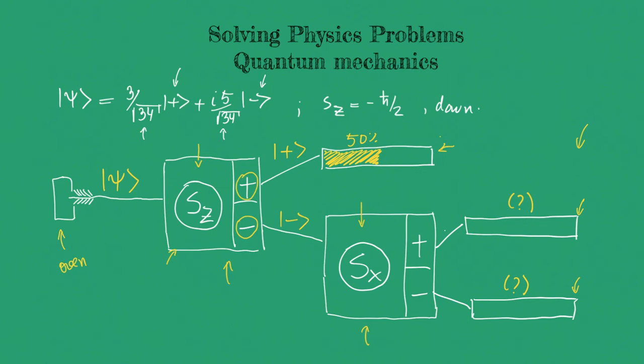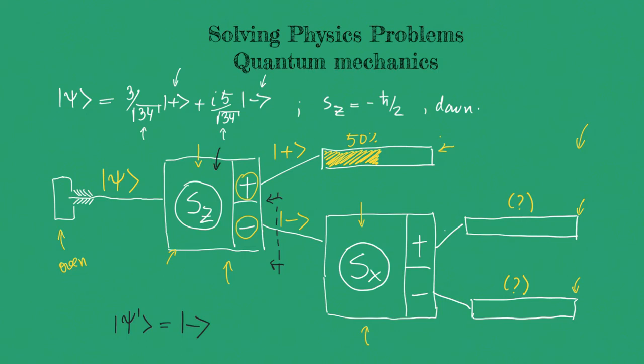Since our first Stern-Gerlach device prepared our quantum state to be ket minus, we can ignore everything that comes before this point and assume that our initial quantum state is given by, let's say, ket psi prime being ket minus. We no longer need to think about the first Stern-Gerlach device.